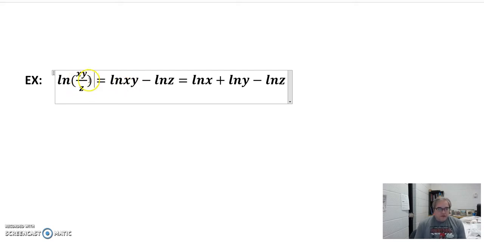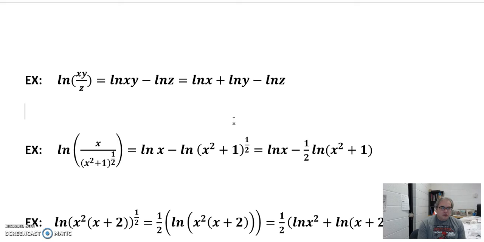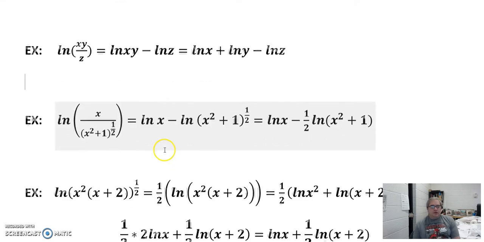But whether I have it in parentheses or not, I'm going to look at that division and say, oh, that's property 2. So I'm going to rewrite that as ln xy minus ln z. I can apply property 1 to this term and get ln x plus ln y minus ln z. So regardless of what the logs are, you can still apply those properties.